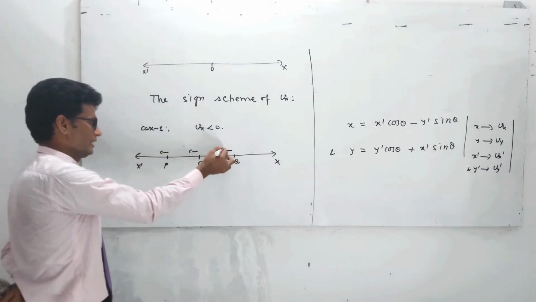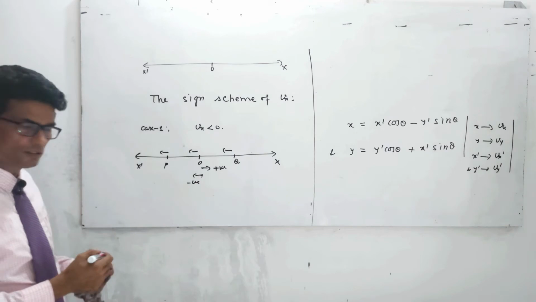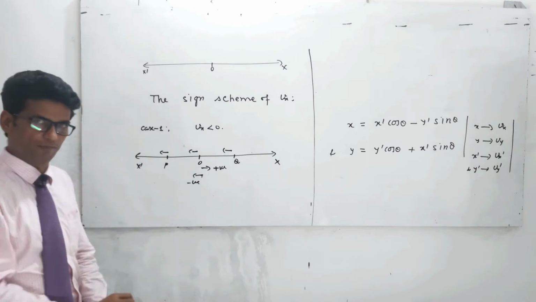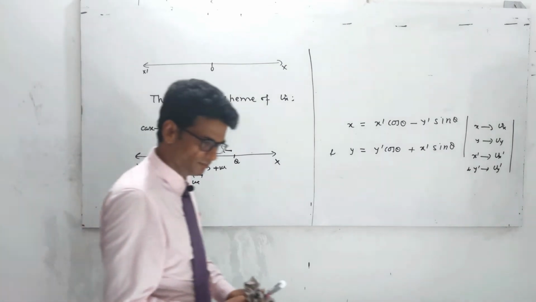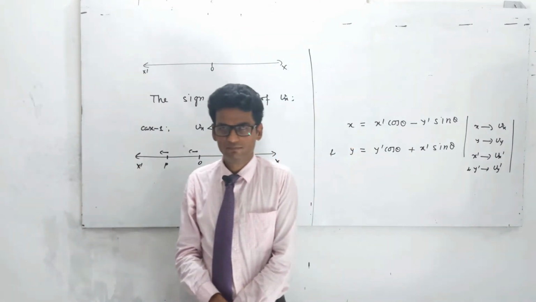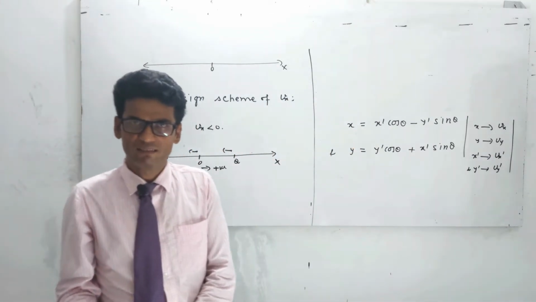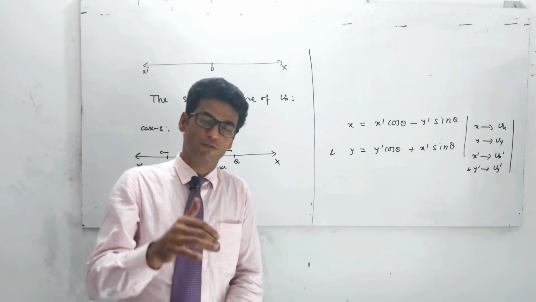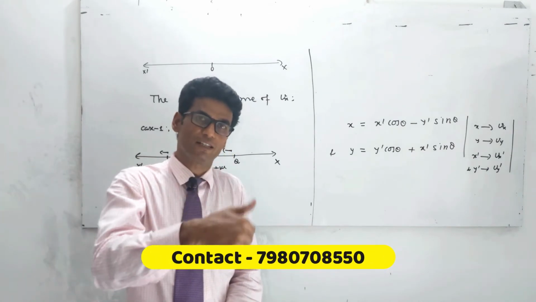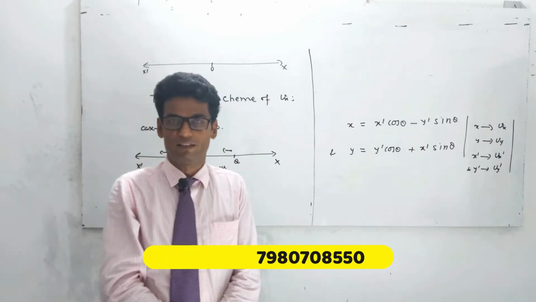Look here, like that. This is the meaning of vx is negative. Saying vx is negative has no meaning by itself, but we conclude the meaning of what it is if vx comes out to be negative.